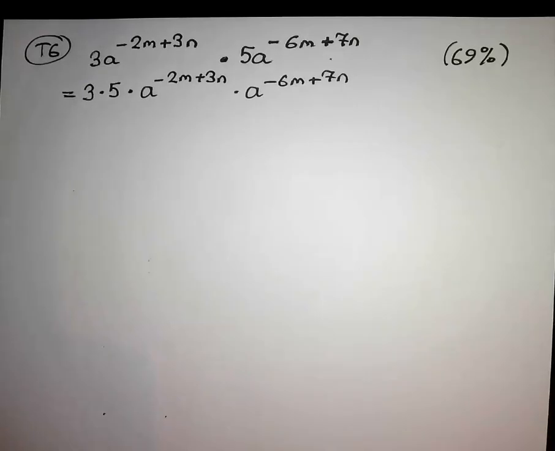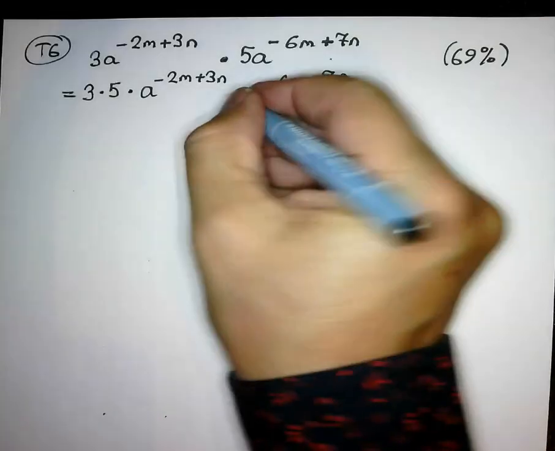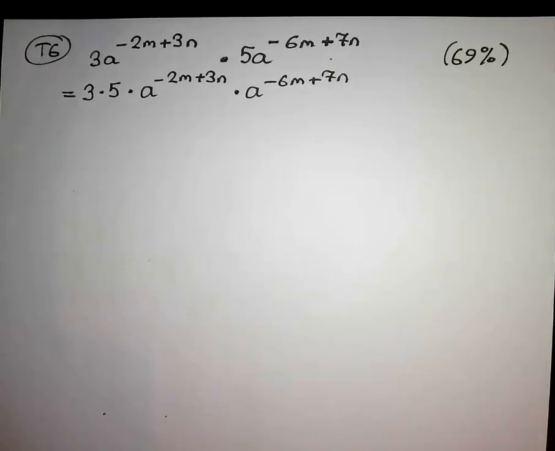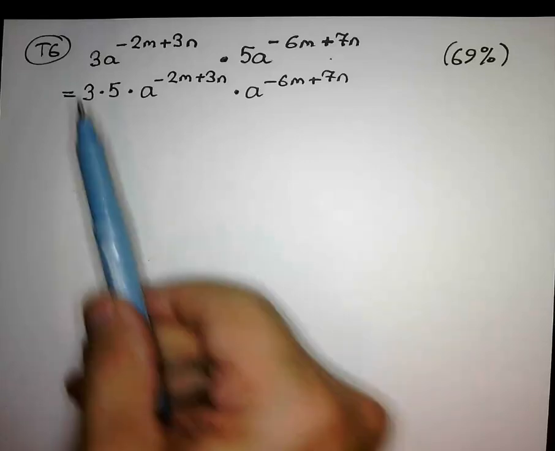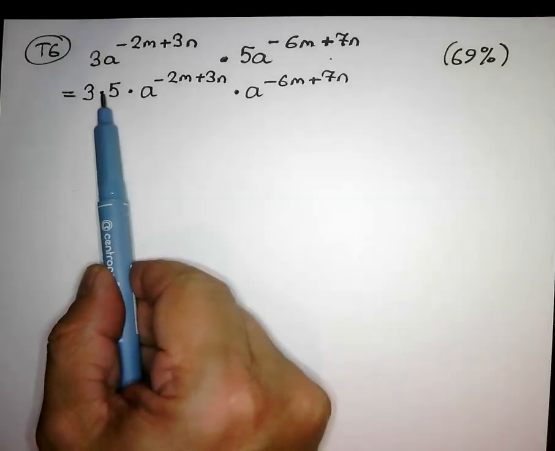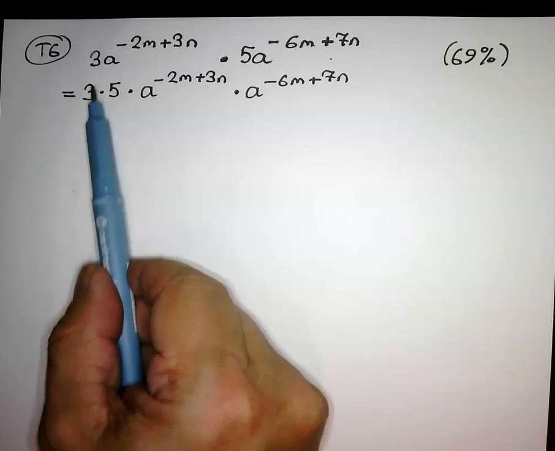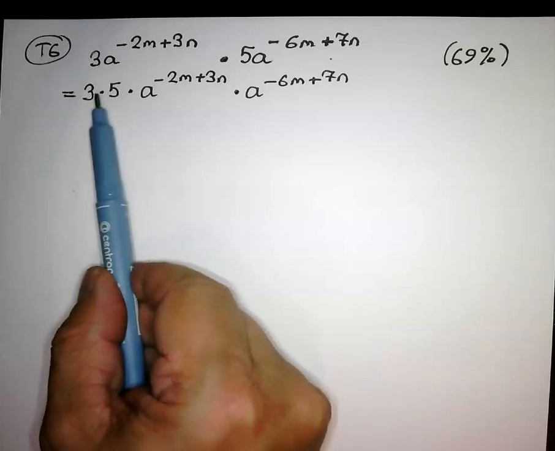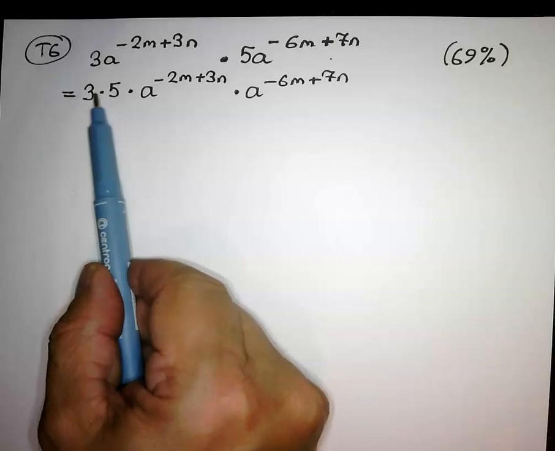By the way, I've noticed that there are some differences in mathematical culture. In Finland, we usually use these multiplication marks in the middle of the numbers.